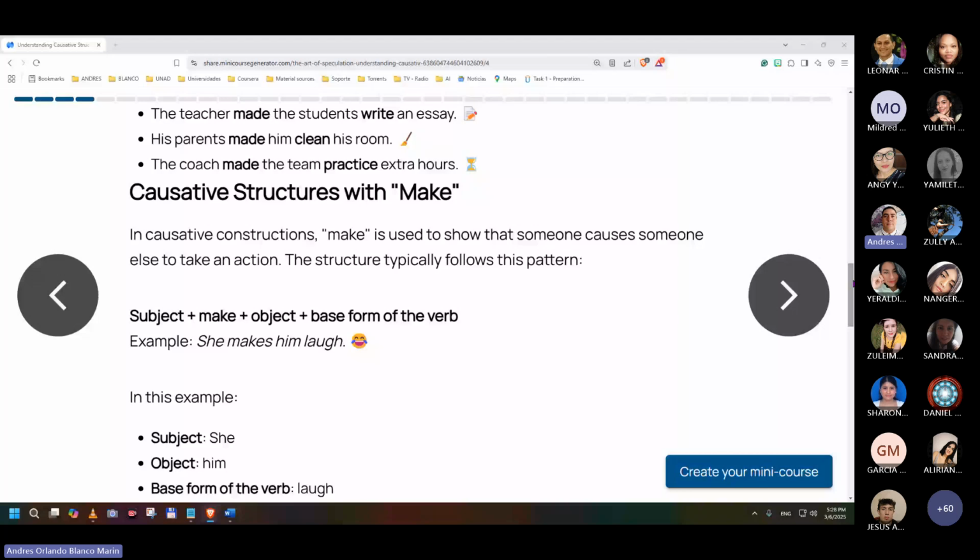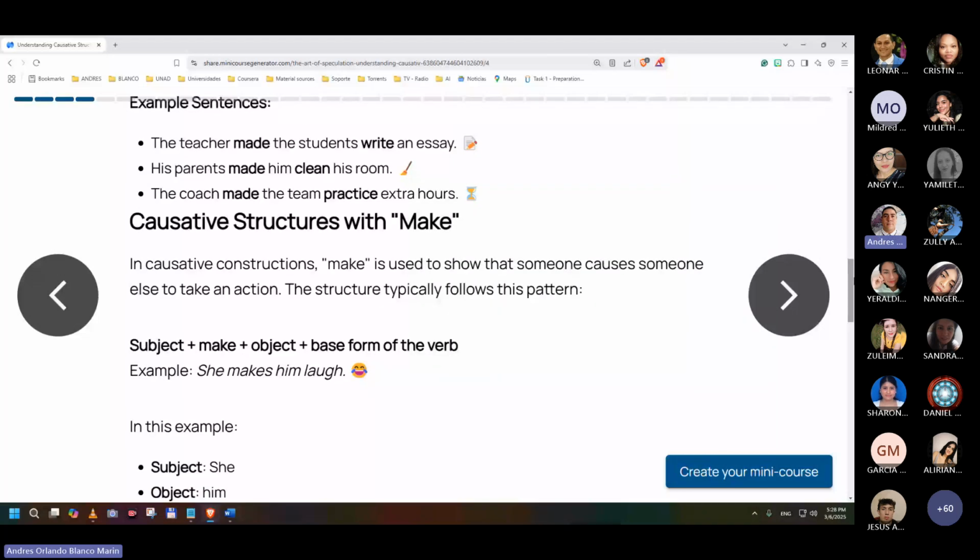More examples. The teacher made the students write an essay. The teacher is the subject. The students is the object. And what is the base form verb? The base form of the verb is write.